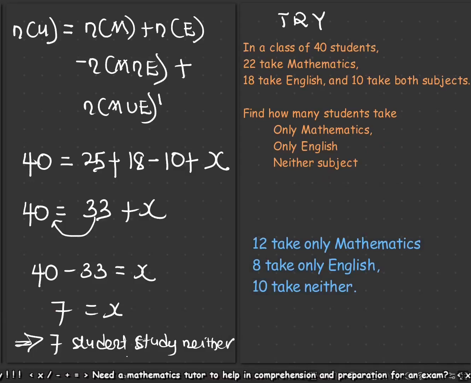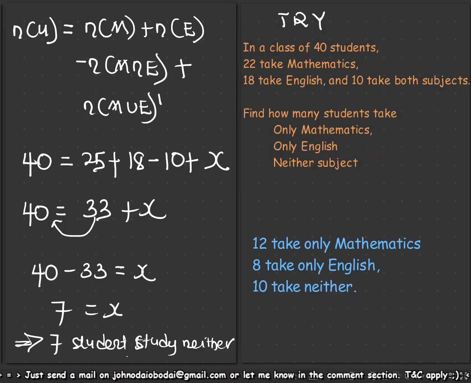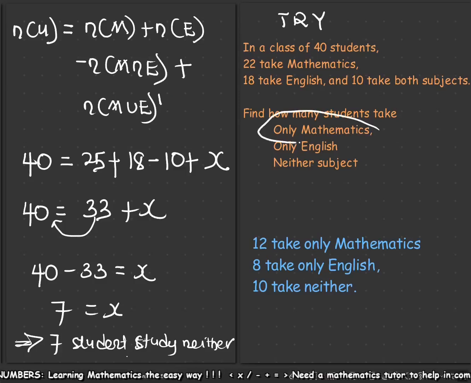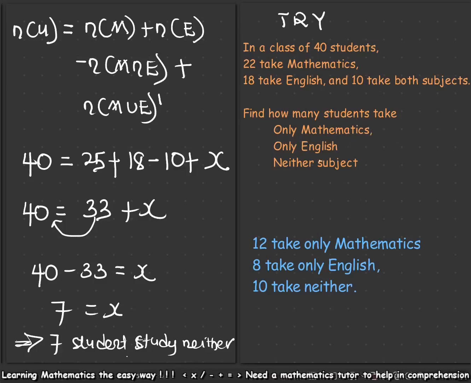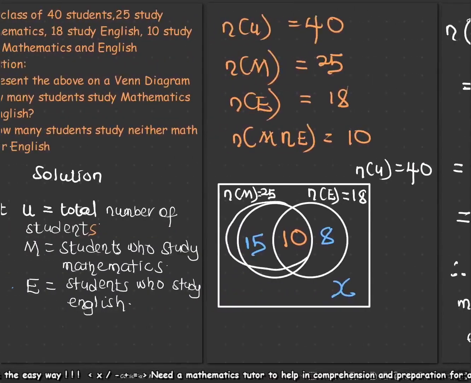Okay, so I'll leave you with this last one here, which is an exercise. It says in a class of 40 students, 22 take mathematics, 18 take English, and then 10 take both subjects. It is very similar to what we just did. This one has only changed the number of students who take mathematics. Okay, so take note of that. Now it says you have to find the number of students who take only mathematics. Now, only mathematics here means this, all of this will be mathematics.